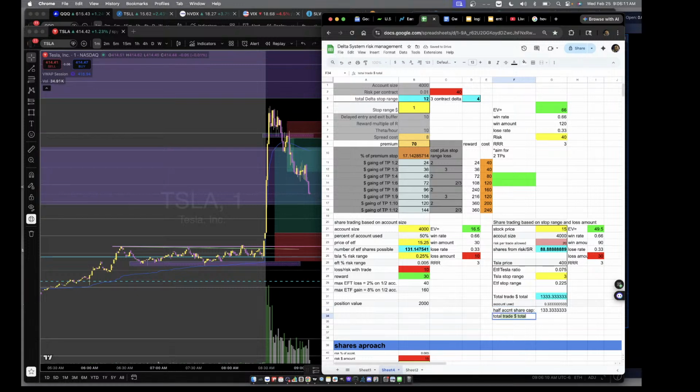Total account share cap is simply this divided by this, 2,266 shares. Okay, that's the most I can afford. Well, obviously double. Why can't I just do that?